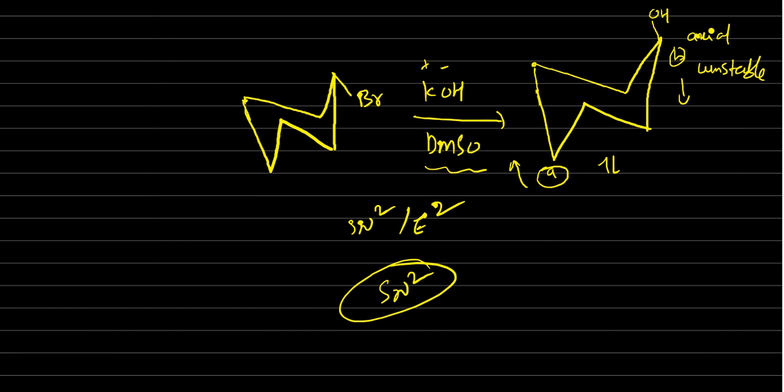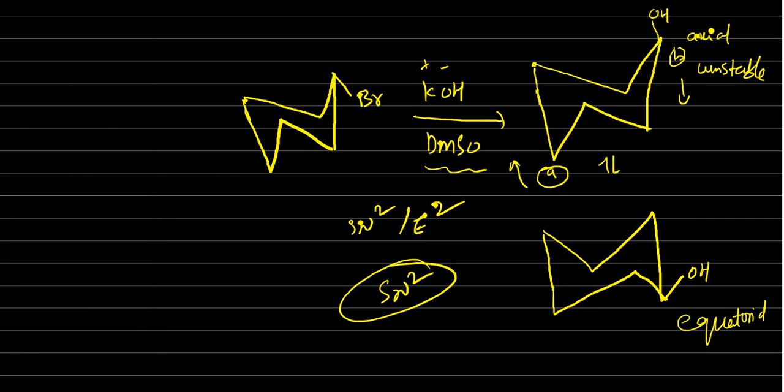You have to flip like this, right? So now the B position came down. So OH is upside. This position is called equatorial, right? Equatorial is the stable one. It is flipping due to steric hindrance, right?